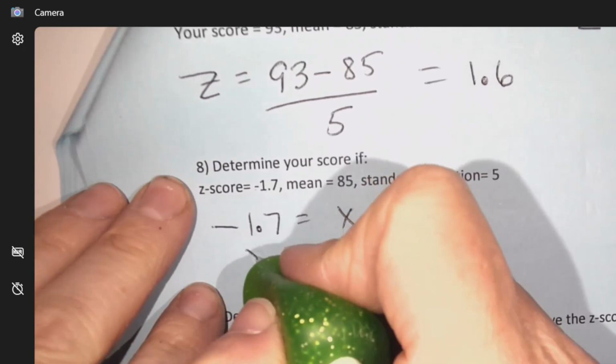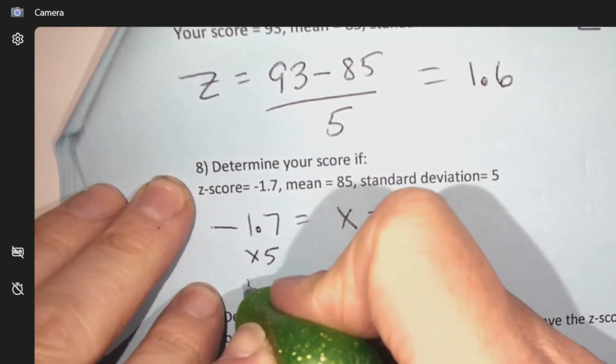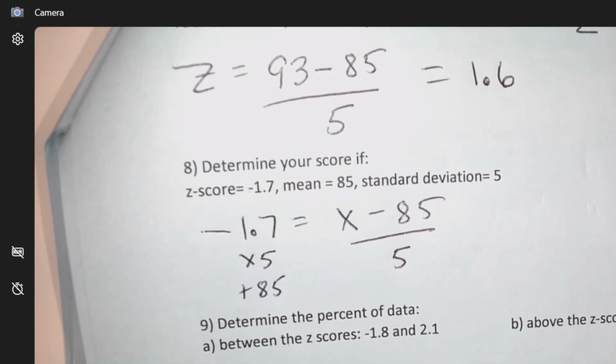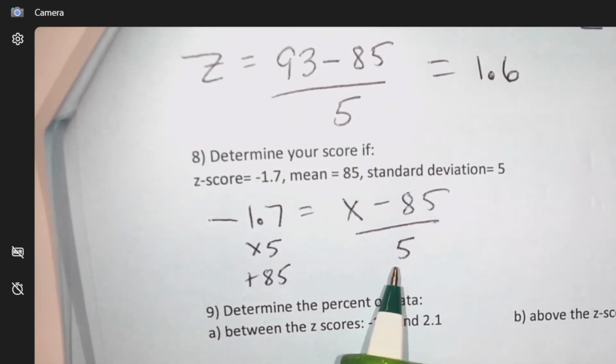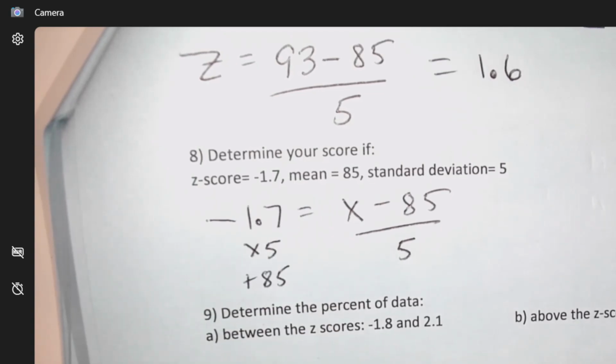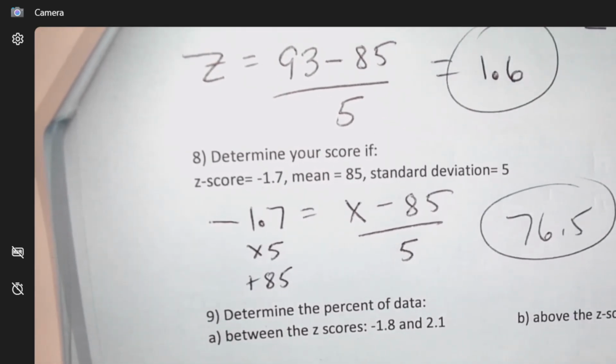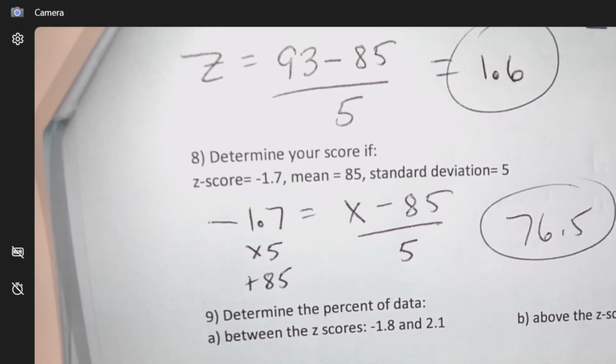You should times by 5 and add 85, right? Times by 5 to get that out, then move. That makes sense because I'm below the average test score.